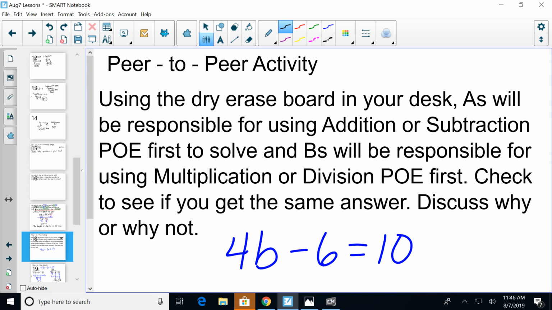If I told you you were an A, your first step has to be either addition or subtraction. If you are a B, your first step has to be division or multiplication. Are we ready? Let's solve the problem. Let's see what you come up with. When you're done, you're going to discuss with your partner if you have the same answer. If you don't, you got to figure it out.